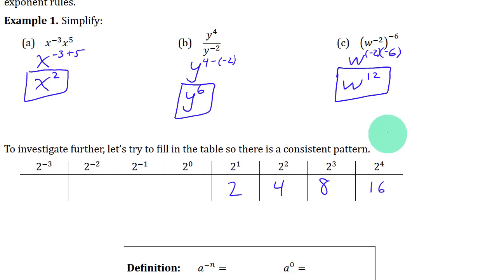So like 2 to the 4 is 2 times 2 times 2 times 2. This part here is like 8, and then if you multiply that by 2 again, you get to the power 4. So in other words, every time you go to the right in the table, you're multiplying by 2.